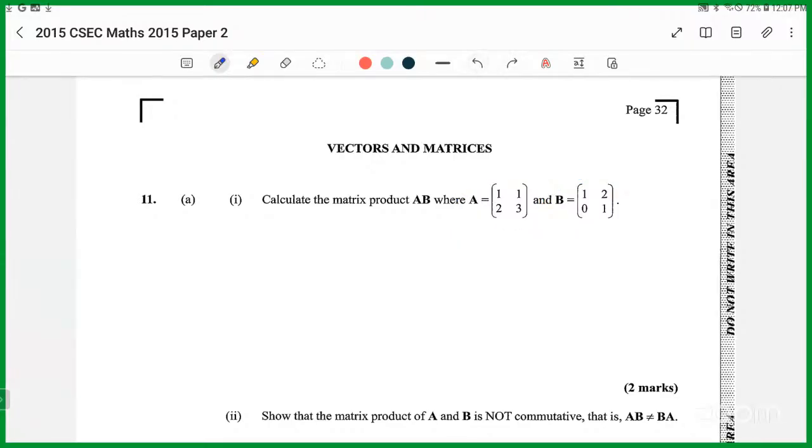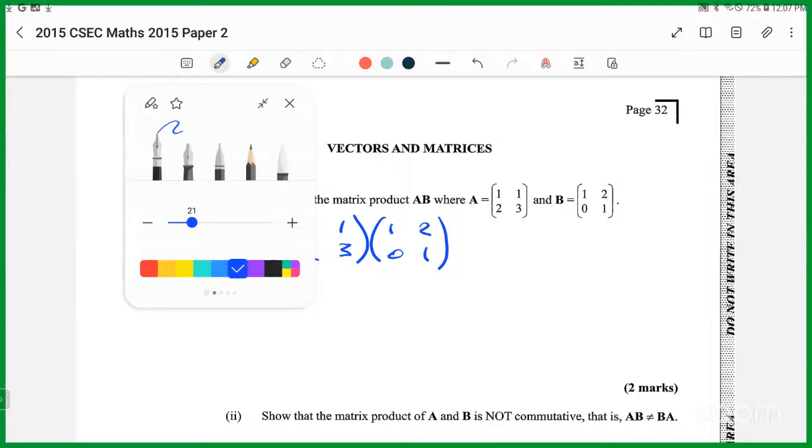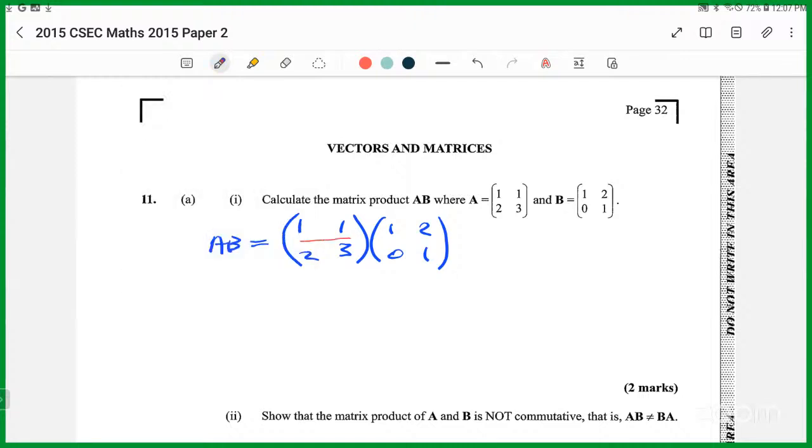Alright, so the AB would be the matrix 1 1 2 3 times 1 2 0 1, and as always you're multiplying the rows of the first matrix by the columns of the second matrix.